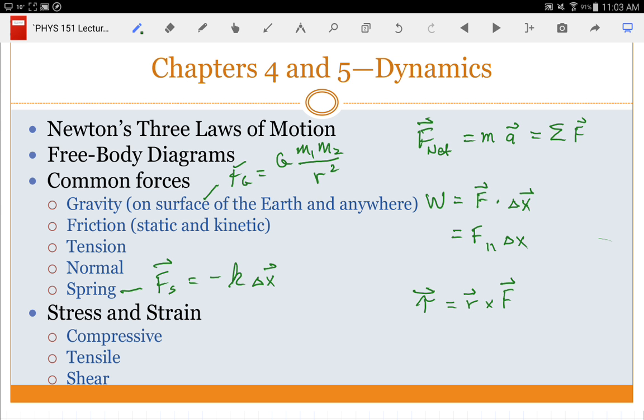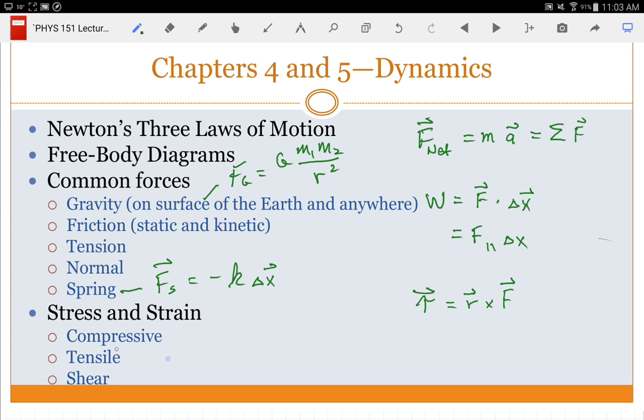Okay, then we had stress and strain. We need to know about compressive stresses. That's the forces going into the surface. So the force is anti-normal. Normal would be out. The force is in for compressive. Tensile, where the force is in the normal direction, pulling out. And shear, where the force is parallel to the surface.